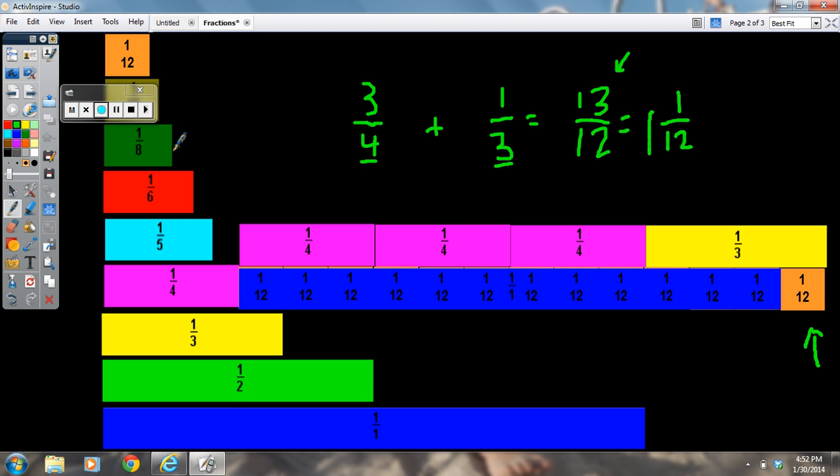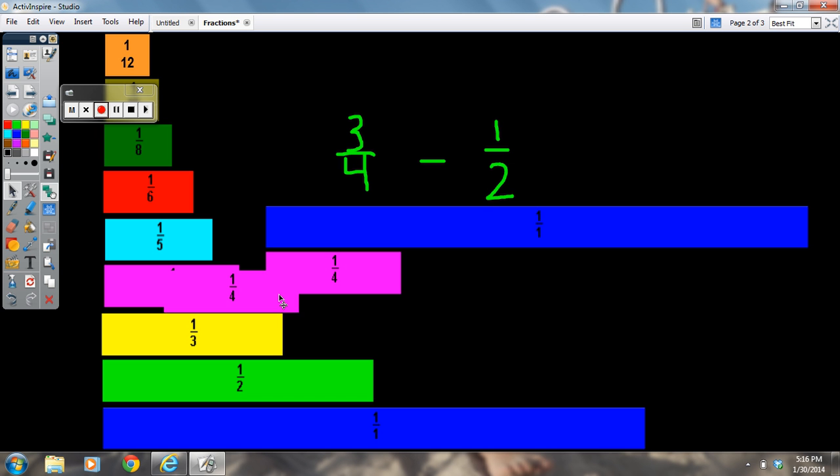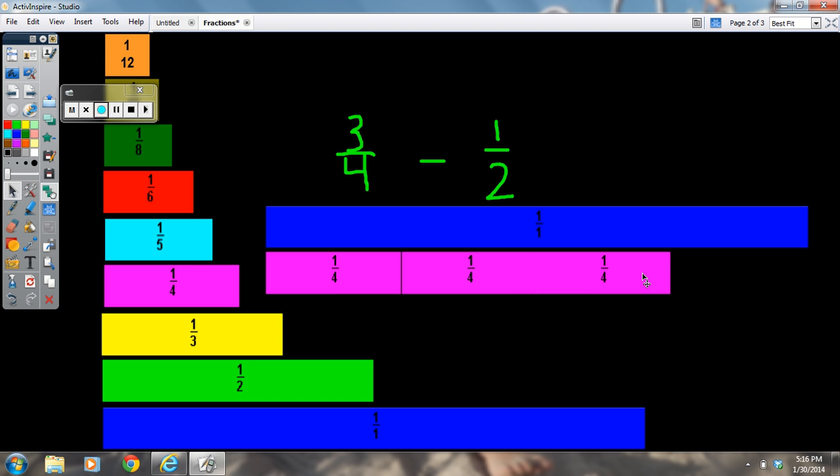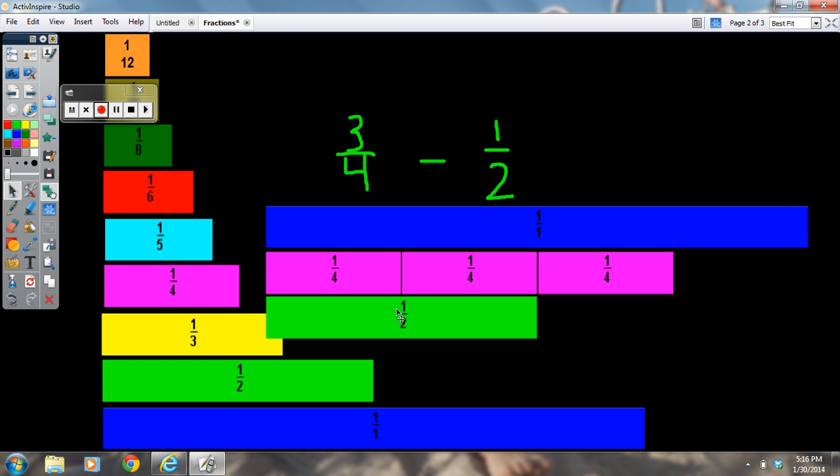But now let's take a look at an example of subtracting these fractions. So now what you can see here with this example is 3/4 minus 1/2. So what we need to do is find the difference between 3/4 and 1/2. We're going to use our fraction bars to represent 3/4, and instead of adding on the 1/2 with the 3/4, we're going to take this 1/2 and place it underneath the 3/4.